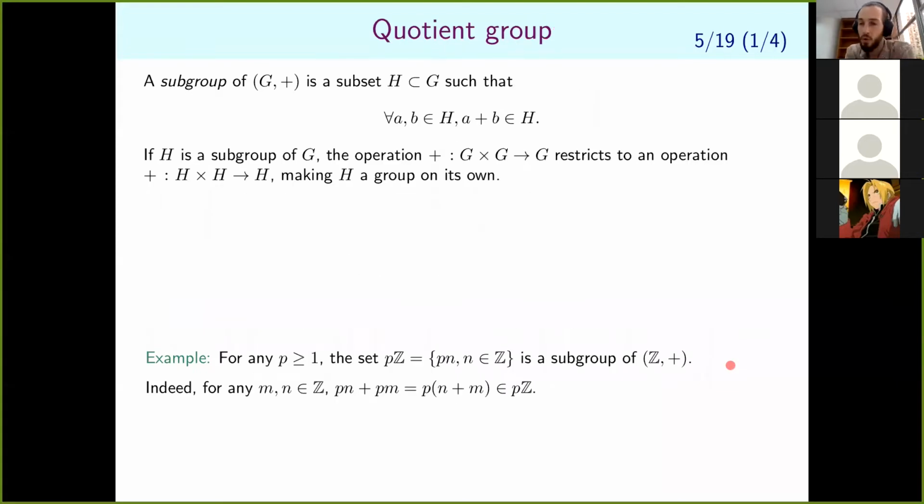We will also need quotient groups. First, I define a subgroup of a group.